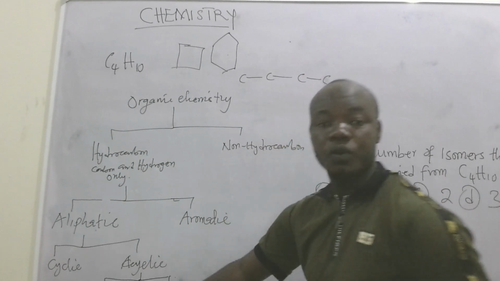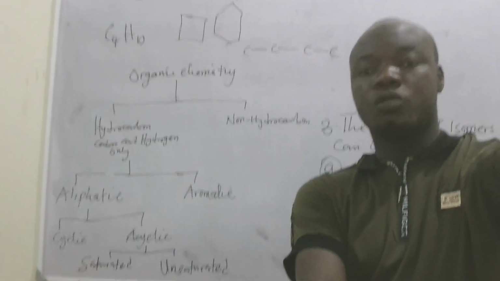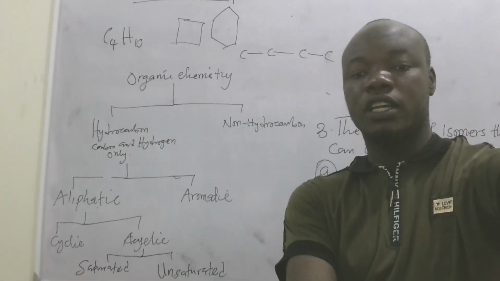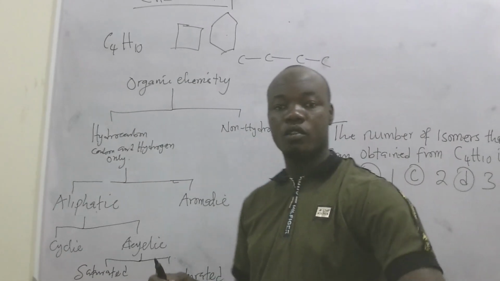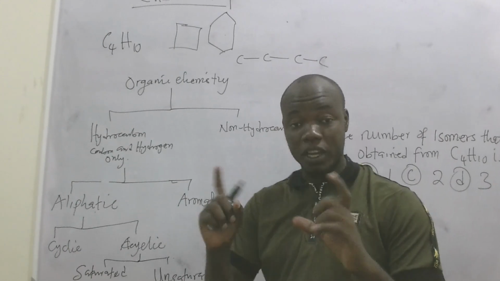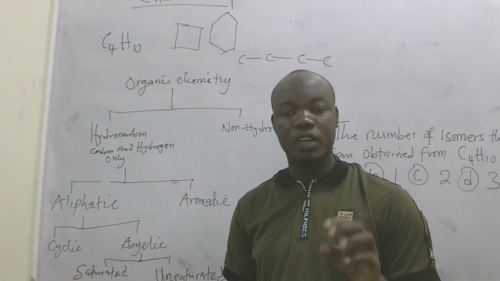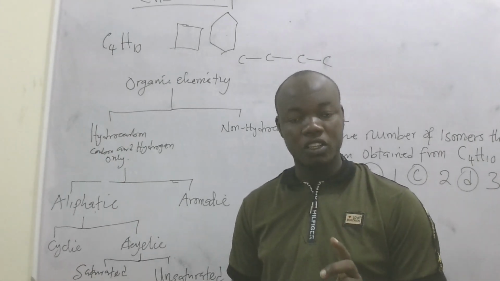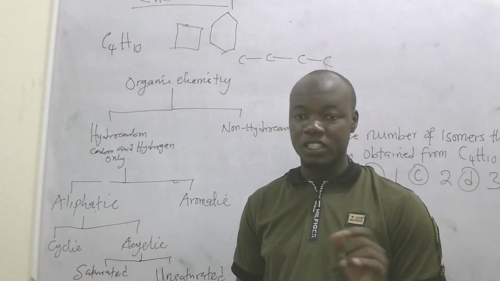When you say saturated, it means those compounds that have enough hydrogen atoms in them. It means they are satisfied. In them there is no carbon to carbon double bond or triple bond.